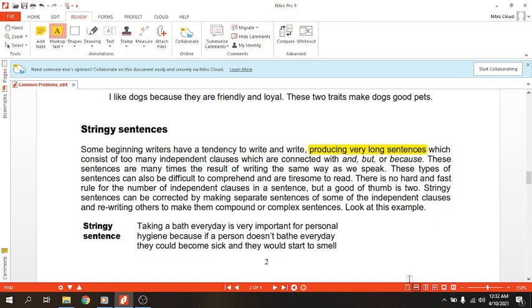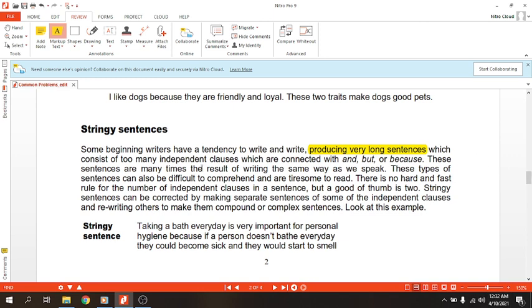Oke, jadinya saya nggak tahu kelas ini atau kelas mana ya. Yang kemarin saya kasih tugas. Jadi ada di dalam itu sudah ada kata although, ada kata because, ada kata and, ada kata apa lagi tuh, then ya misalnya gitu. Panjang banget kalimatnya. Jadinya stringy sentences.